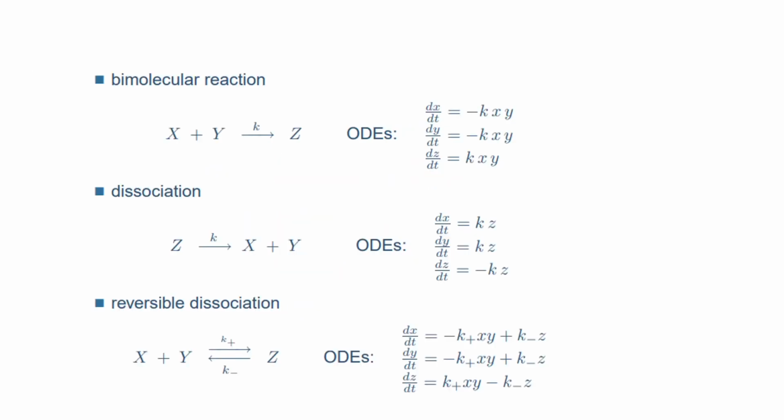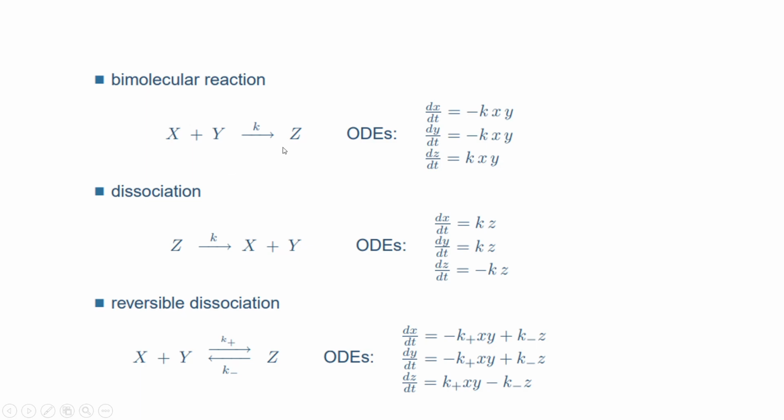Now we'll look into different kinds of ODEs and different kinds of reactions and how you can form ODEs from them. So you have bimolecular reactions where two reactants are involved, giving a product with a reaction rate k. Your rate of degradation of x, dx/dt, will be equal to minus kxy.